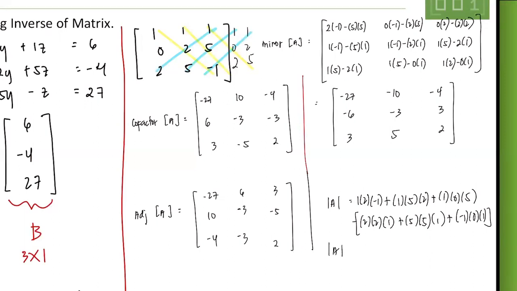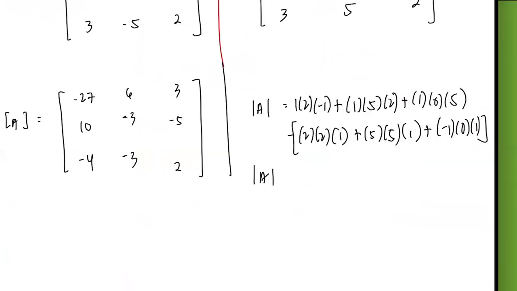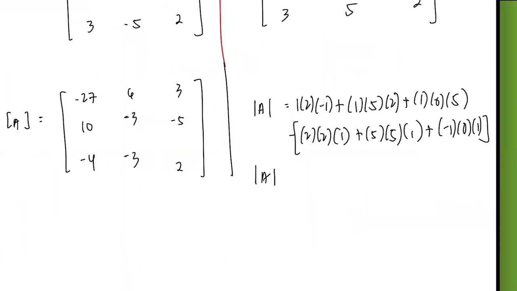Okay. Determinant natin would be 1 times 2 times negative 1 plus 1 plus 5 times 2 plus 0, okay, minus 2 times 2 times 1, 5 times 5, also negative 21.